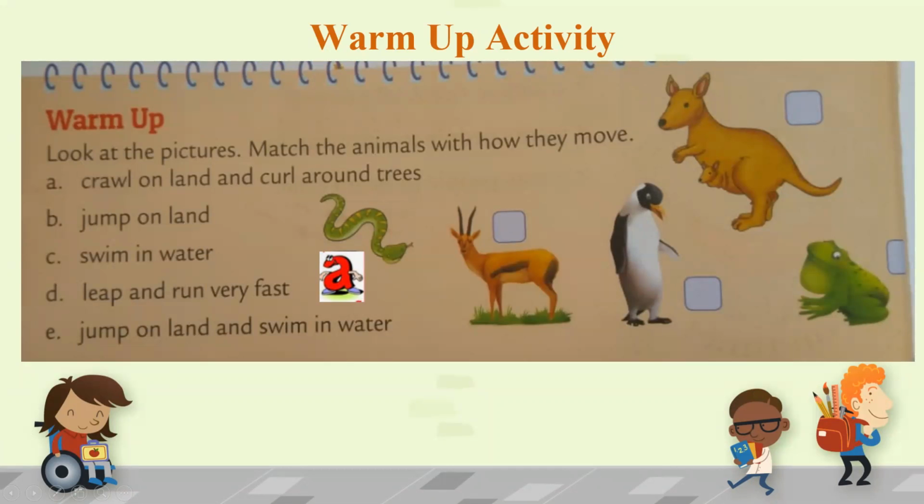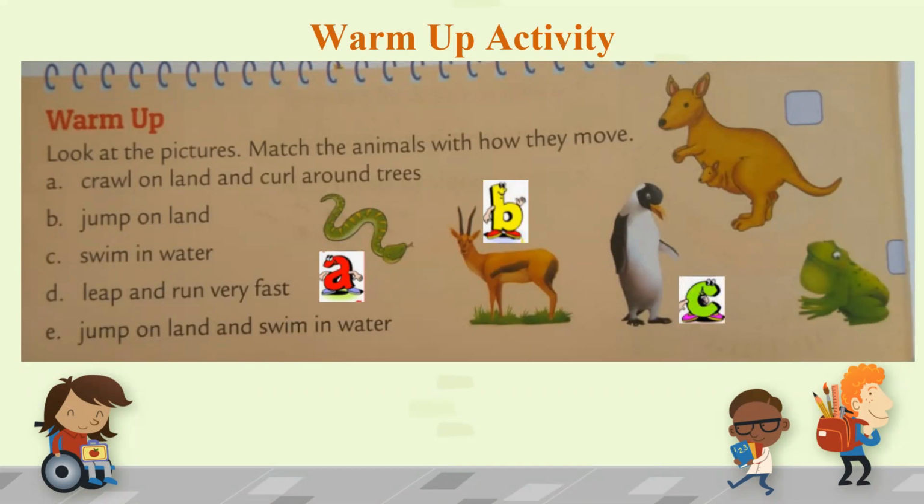Then the second one, jump on land. Which animal jumps on the land, my dear little ones? Wonderful. Deer. Swim in water. Who swims in the water? Great. Yes, penguin.